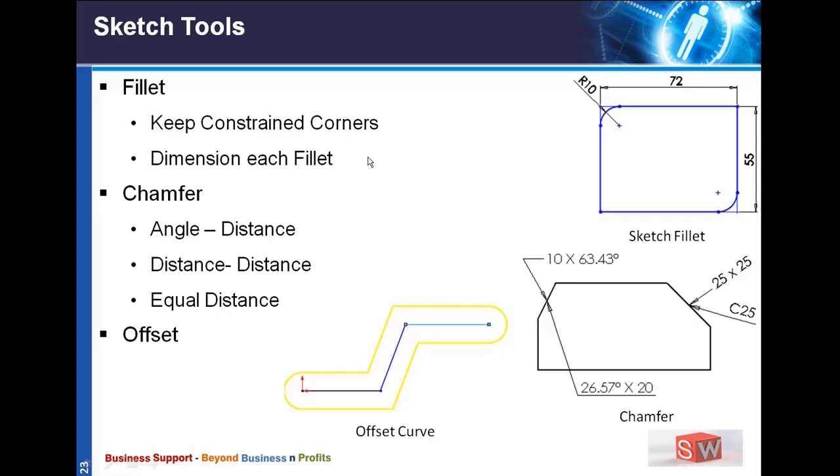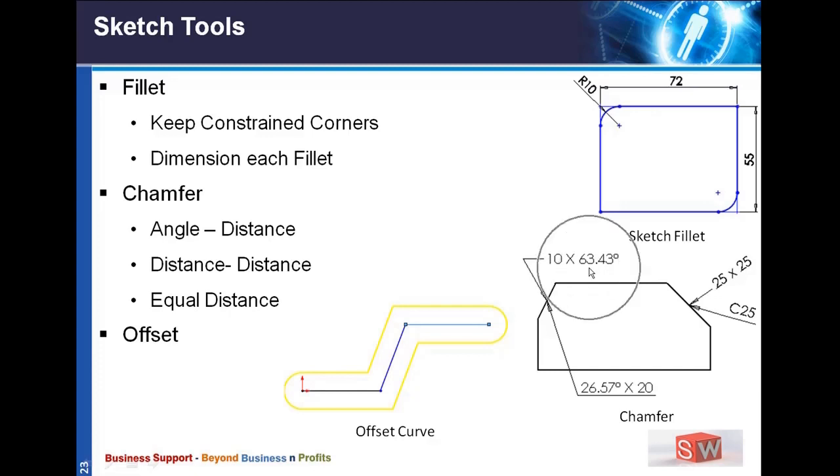Under chamfer we have three types of chamfers, and a chamfer is nothing but creating a beveled face. In a sketch, chamfer means creating an angular line over the corner, and offset is used for offsetting a line, that is, copying the line to a specific distance. This picture will give you an idea about how the fillet is dimensioned and how the chamfer is shown in a sketch.